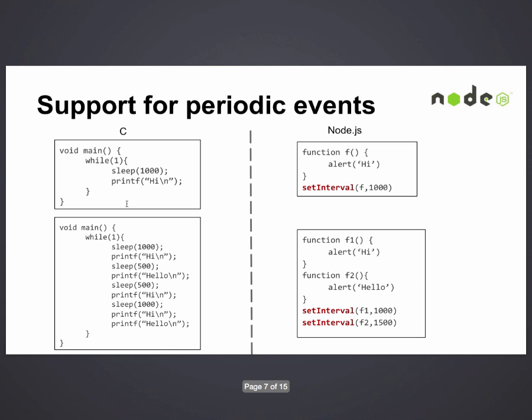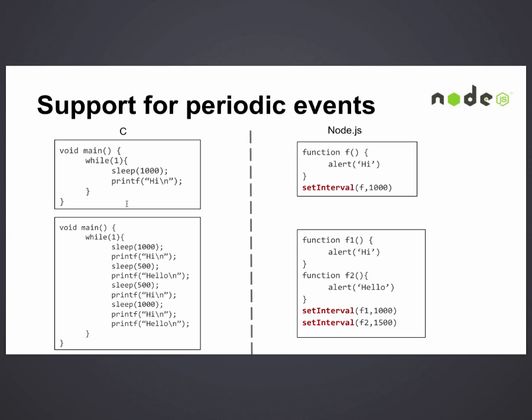But if you try to do something more complicated, you have one function that says hi, and another function that says hello, and you try to write that response every 1 second and another one at 1.5 seconds. If you do it in C, you have to do the LCM of it.